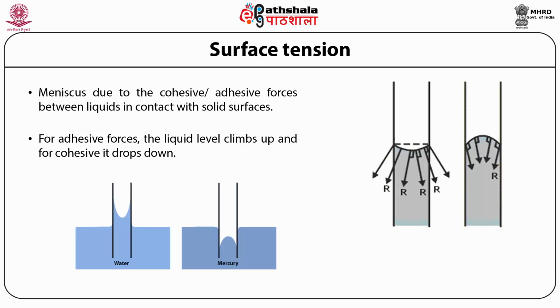Adhesive forces are, for example, between water and a glass tube, and cohesive forces, for example, are between mercury, which is kind of semi-fluid, and a glass tube. In the first case, because of surface tension and the adhesive forces between glass and water, you have water climbing up the tube. In the second, due to cohesive forces, the mercury level drops down in the glass tube.